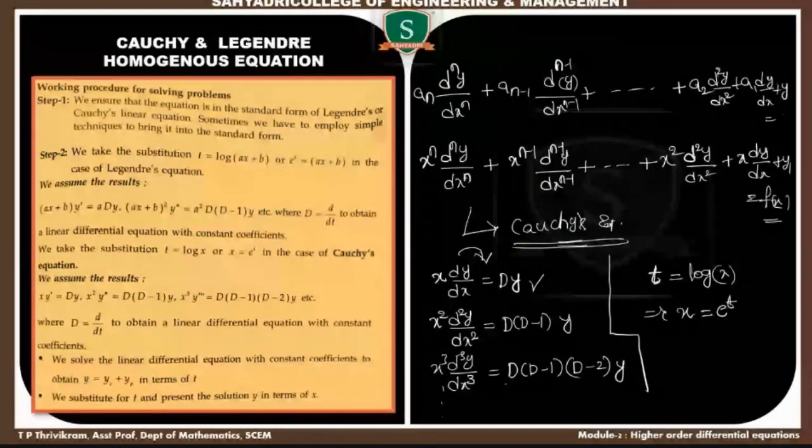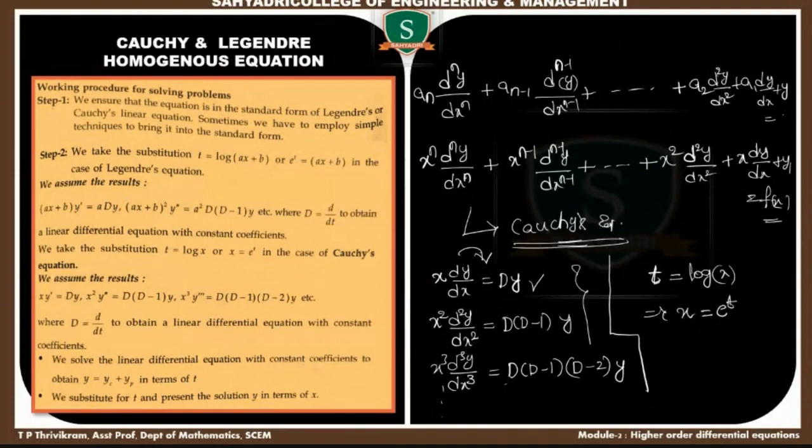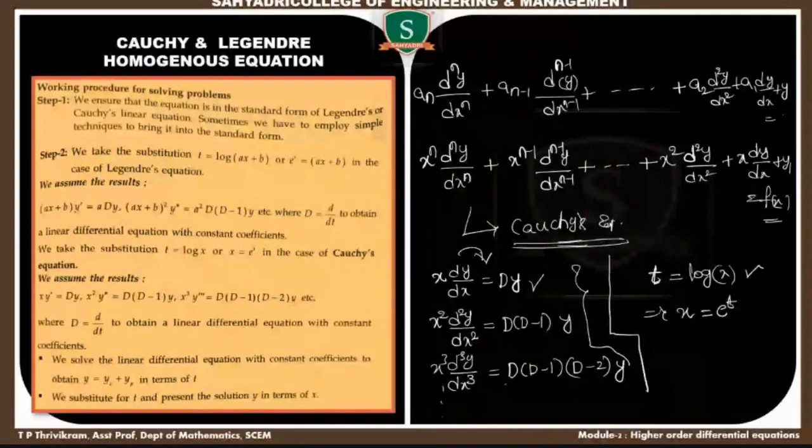Similarly, it will continue up to nth order. Based on our problem, we'll take the substitutions appropriately. Since we are changing this, we have to make changes in variables also. That's why we are taking t is equal to log x, so x is equal to e^t.